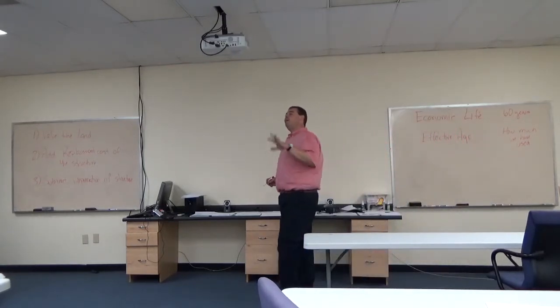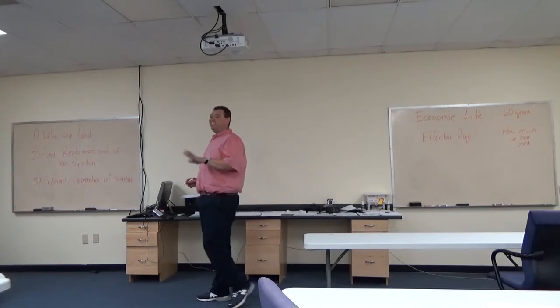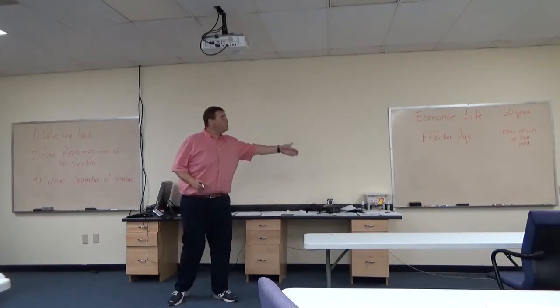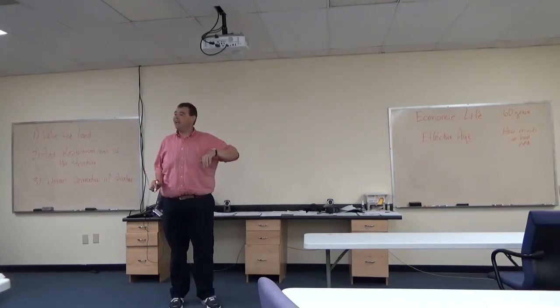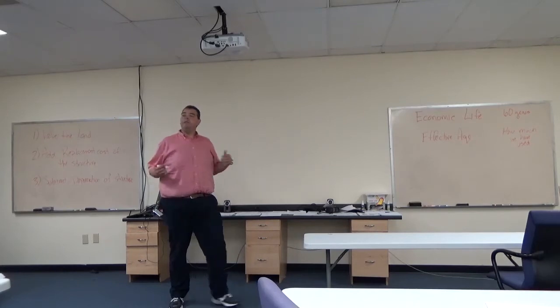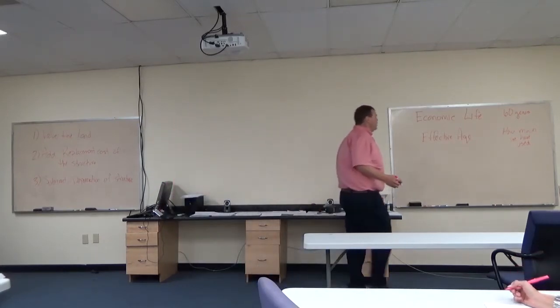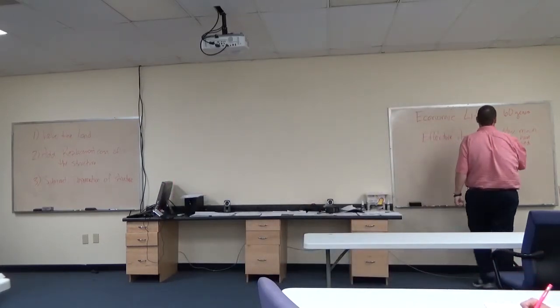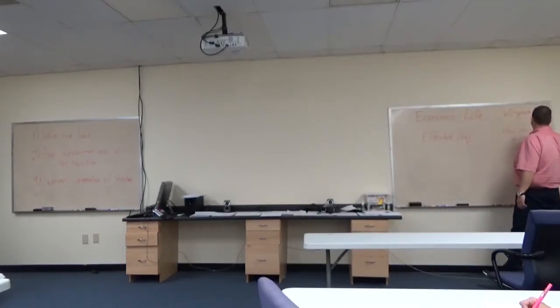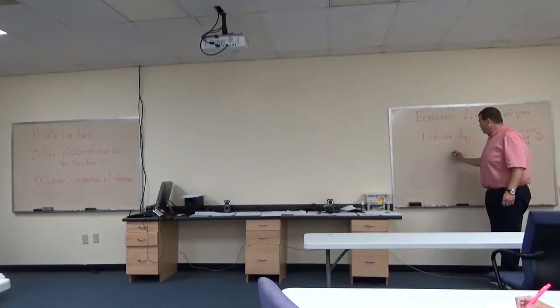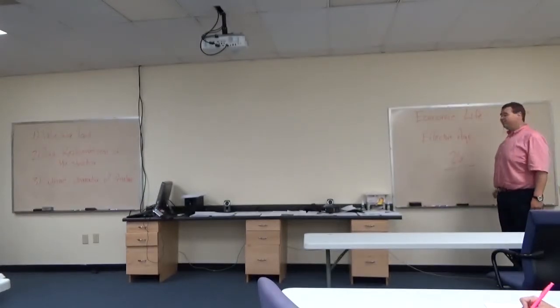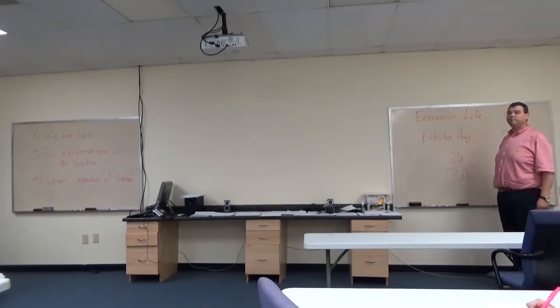The great thing about straight line depreciation is it's just the effective age divided by the economic life. Because what we say is, let's say the effective age of this building is 26 years. We have used 26 out of how many? 60.